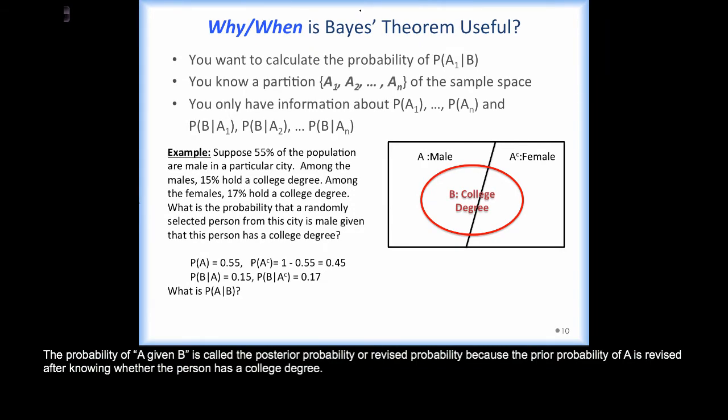The probability of A given B is called the posterior probability or revised probability because the prior probability of A is revised after knowing whether the person has a college degree.